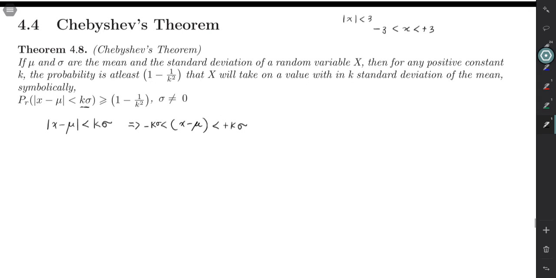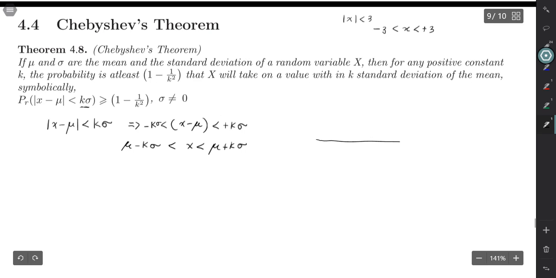So X minus mu is within negative k sigma and positive k sigma, which, if you take mu to the other side, you end up with mu minus k sigma less than X less than mu plus k sigma. Now we have an expression for X within these two values. Let's draw the picture of the normal distribution for this expression. We have mu somewhere here.